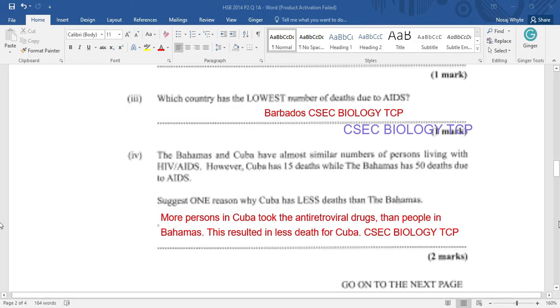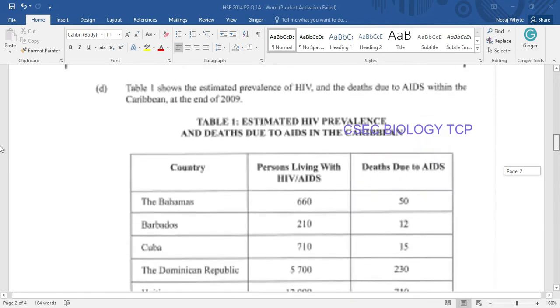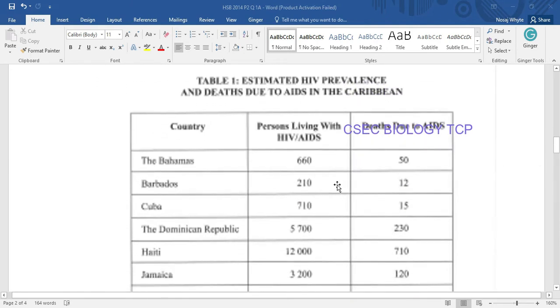Now let us look at this figure between Cuba and the Bahamas. The Bahamas has 660 persons living with AIDS, Cuba 710. And look at the deaths: for the Bahamas we have 50, and for Cuba 15.